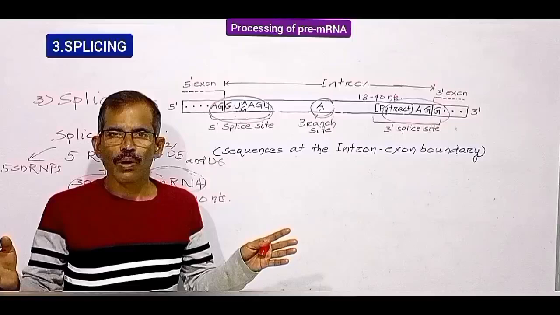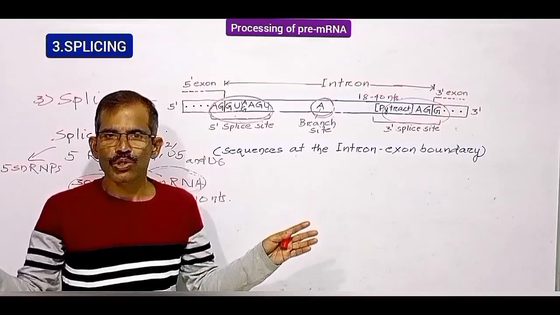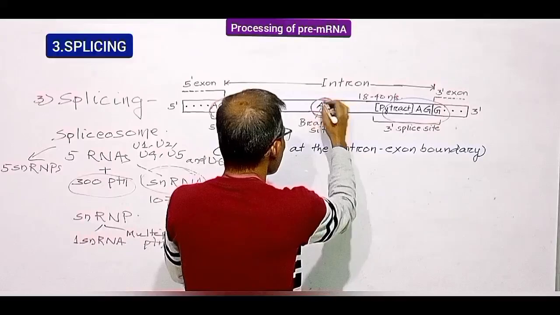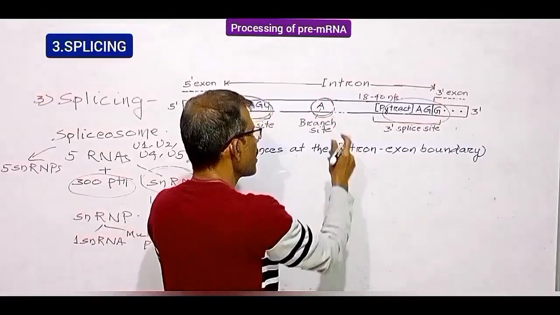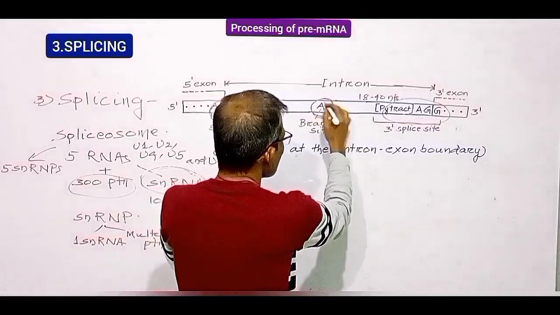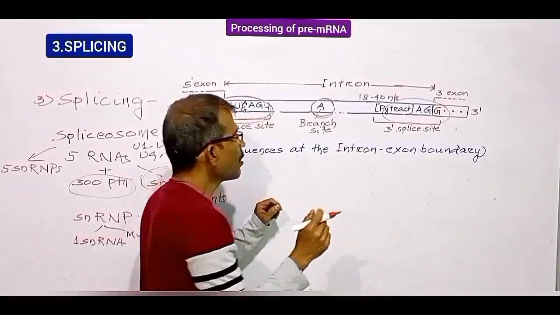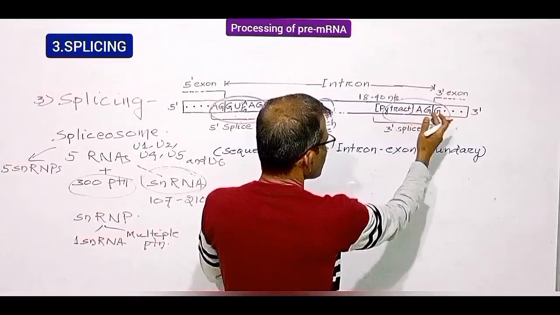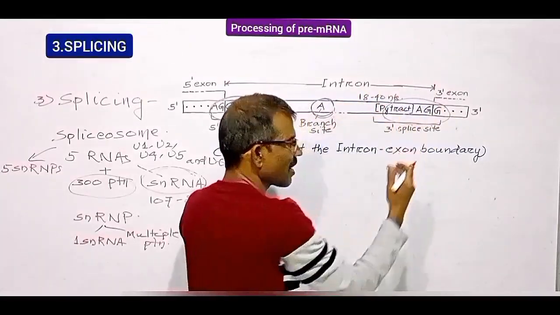A third sequence, which is also crucial for splicing, is present at the branch point, which is an adenine nucleotide. The branch point is located about 18 to 40 nucleotides upstream of the 3' splice site.